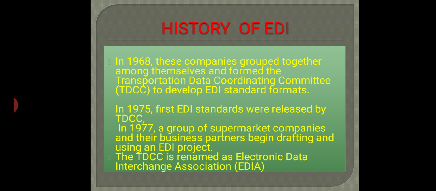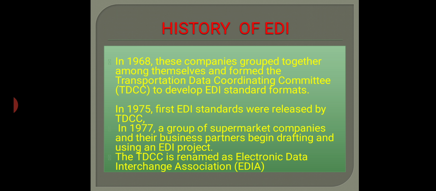In 1968, these companies grouped together among themselves and formed the Transportation Data Coordinating Committee, that is TDCC, to develop the EDI standard format. In 1975, the first EDI standards were released by TDCC. In 1977, a group of supermarket companies and their business partners began drafting and using an EDI project.